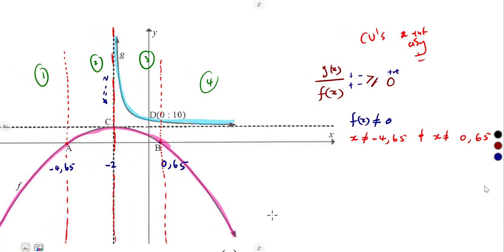It is limited. So that's another thing. X cannot be equal to what? Minus 2. This one is for the asymptote now. It has nothing to do with the type of the graph to say g on top is 0. No, it's about the asymptote. X cannot be equal to minus 2.